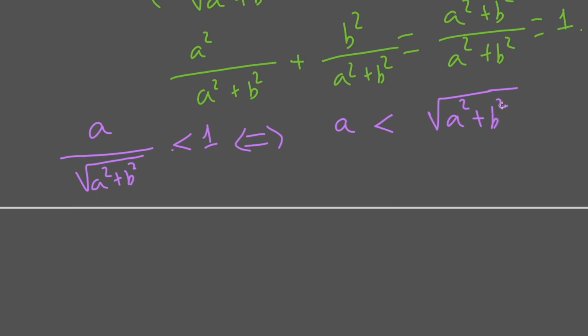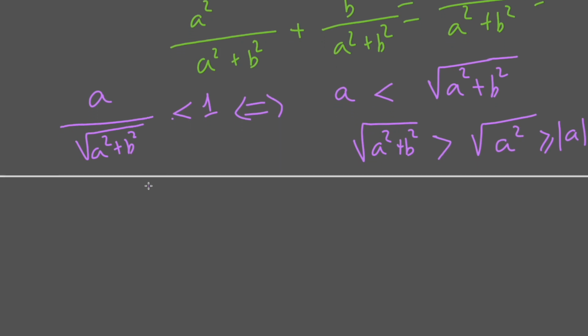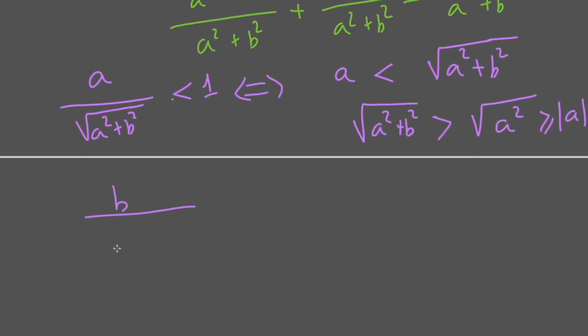And because B is a non-zero number, the square root of A square plus B square is greater than the square root of A square, so it is greater than or equal to the absolute value of A, and the absolute value of A is always greater than or equal to A. Similarly for B over square root of A square plus B square.